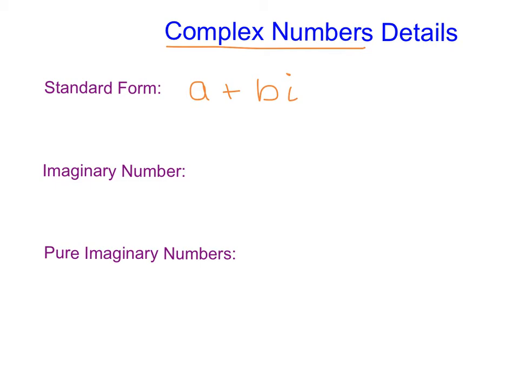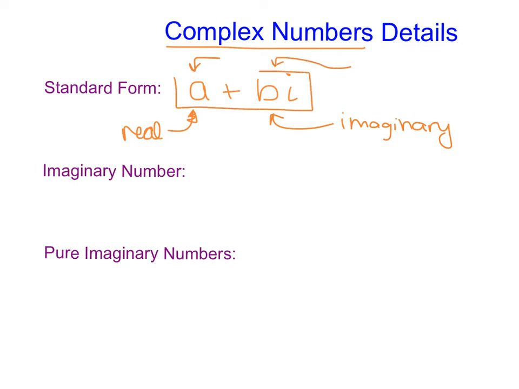But essentially, the big thing to note here is that a complex number can have a real and/or imaginary part to it. So complex numbers, a and b, can be any number, including 0. And complex numbers will have a combination of a, which are real numbers, and b times i, which are imaginary numbers put together. So this is the general form of a complex number.